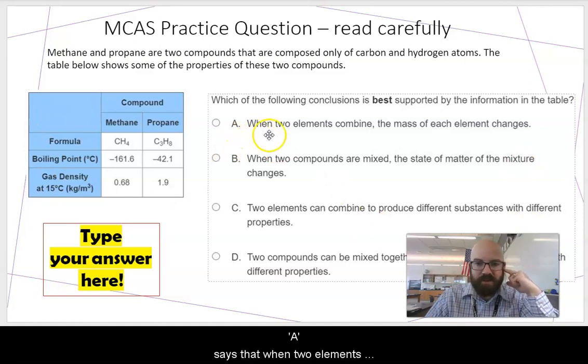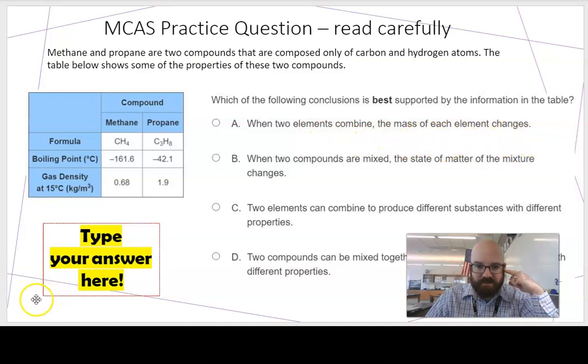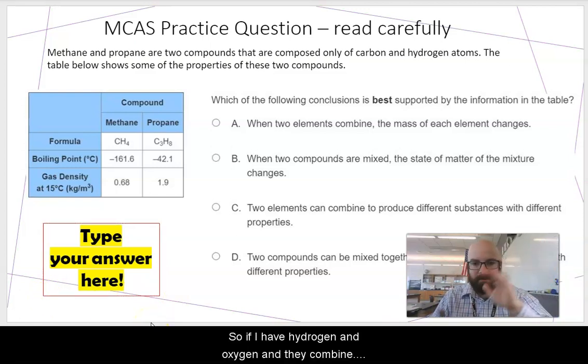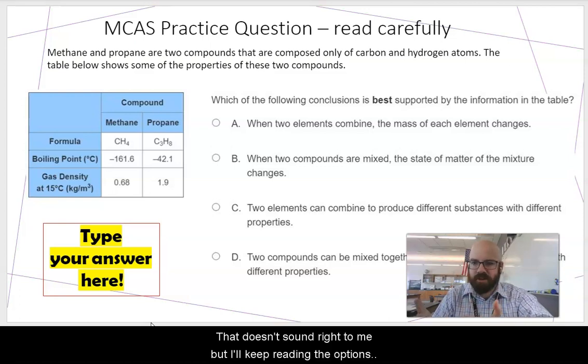A says when two elements combine, the mass of each element changes. Can that be true? So if I have hydrogen and oxygen and they combine, is the amount of hydrogen and oxygen going to change? That doesn't sound right to me, but I'll keep reading the options.